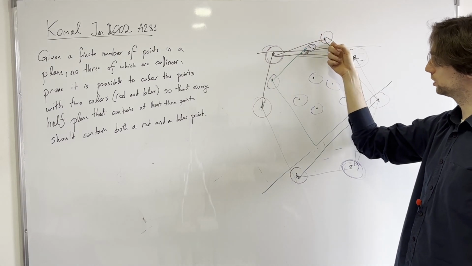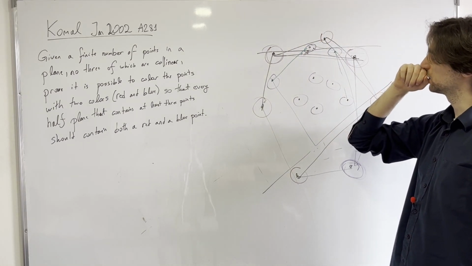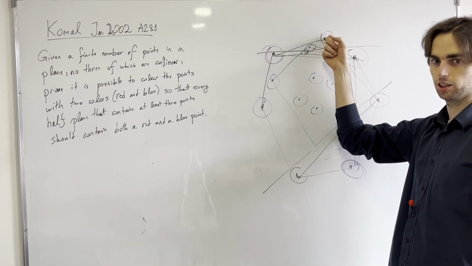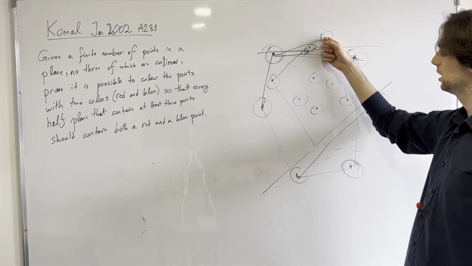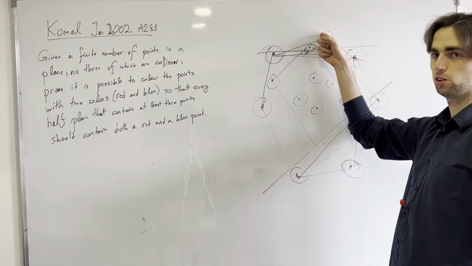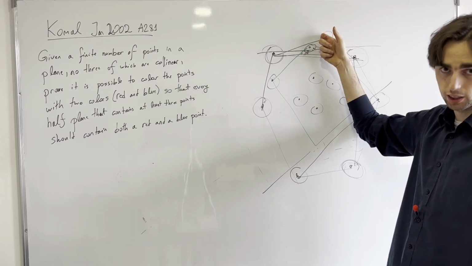If it contains points on the inside, they could all be blue. So let's look at a better way to do this. If it contains 1 point on the convex hull and 2 points inside which are blue, then this point on the convex hull is red. Why? Because we didn't color it blue.